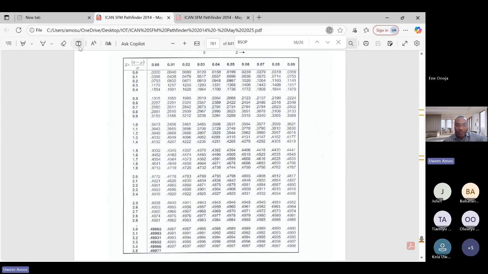We're still going to start from our Z table. So we're going to go down to where we have 2.5. Can you guys see 2.5 here? Once you find the first value, we move to the right. So this is 2.50, this is 2.51, 2.52, 2.53, 2.54, and this is 2.55.